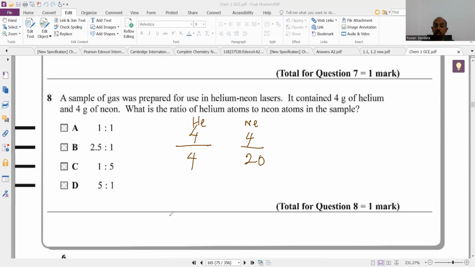So it's 1 over 4, 0.25. And neon, 1 over 20, 0.05. So it's 1 to 5. So the answer is D.